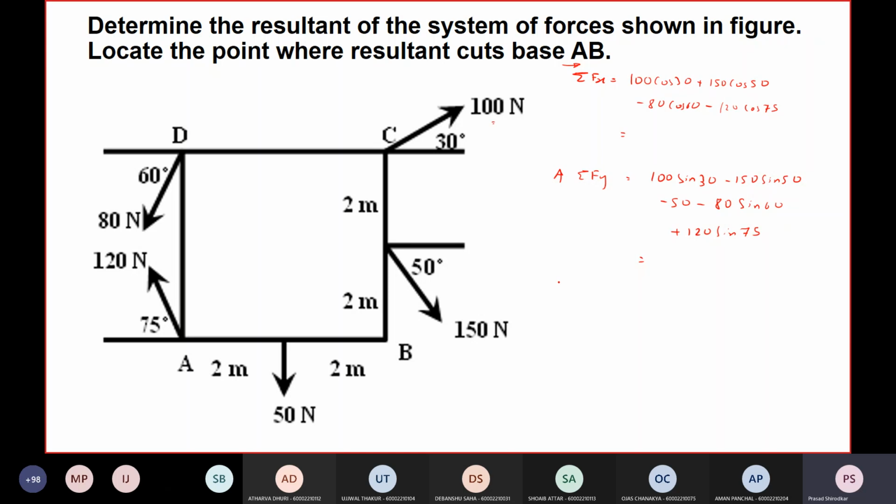So calculate summation. Sir, Fx is 112. Correct, 111.96 newtons. So you can definitely round it up to 112 newtons.